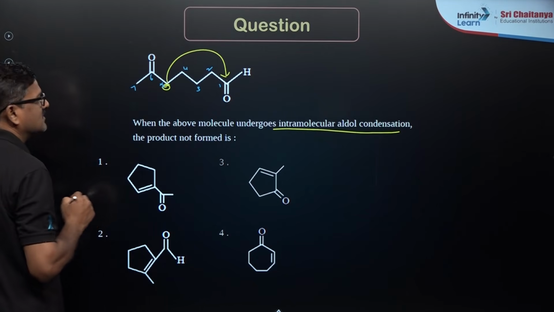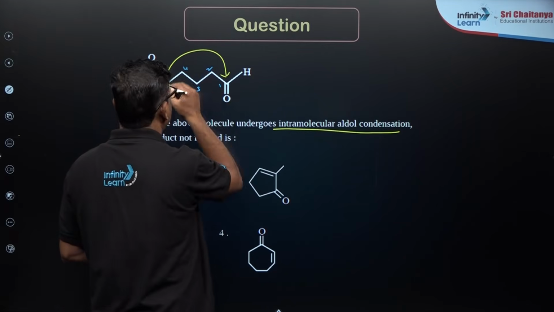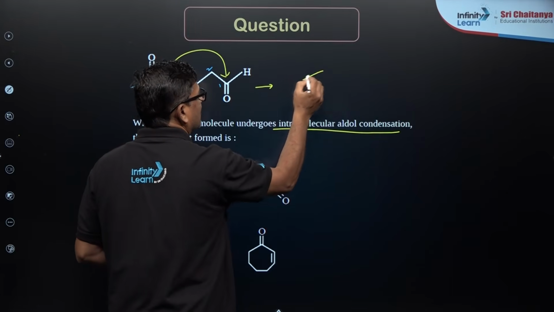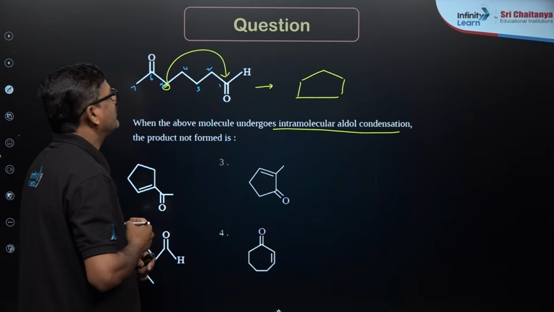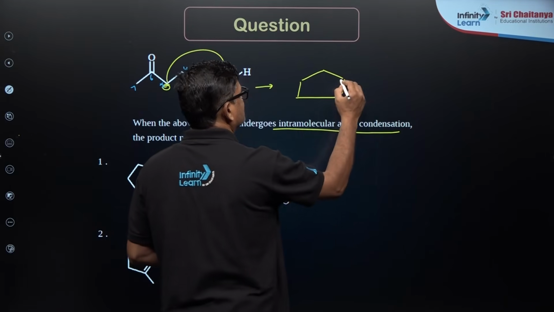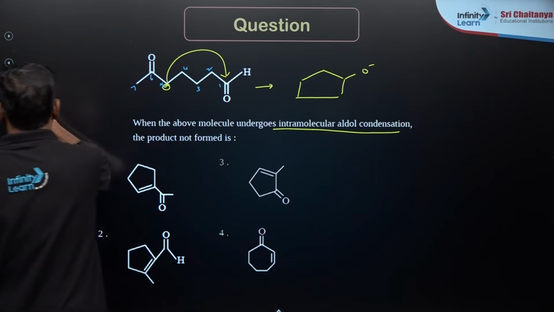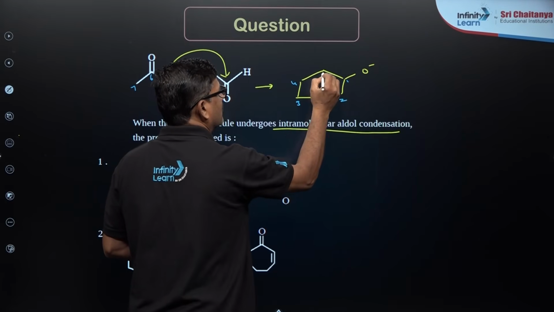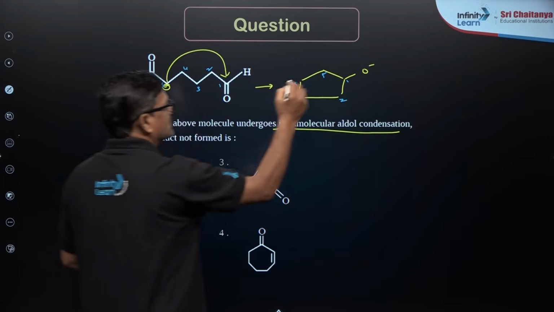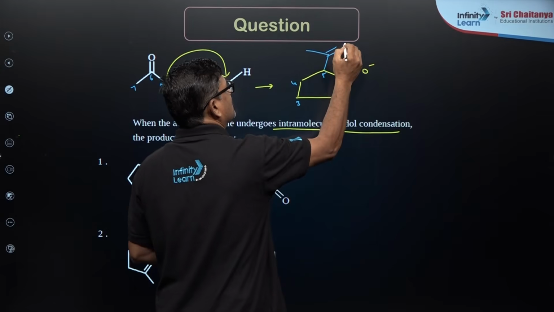Now let us take this. Carbon atom number 1, 2, 3, 4, 5 is going to form a ring and it is going to be O minus and it is going to be 1, 2, 3, 4, 5 and this fifth carbon is going to have this structure.